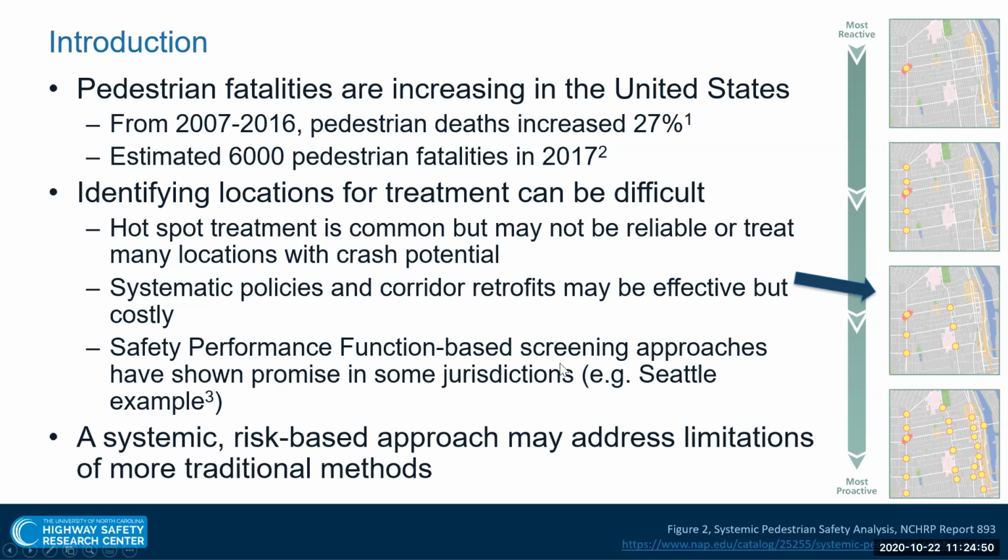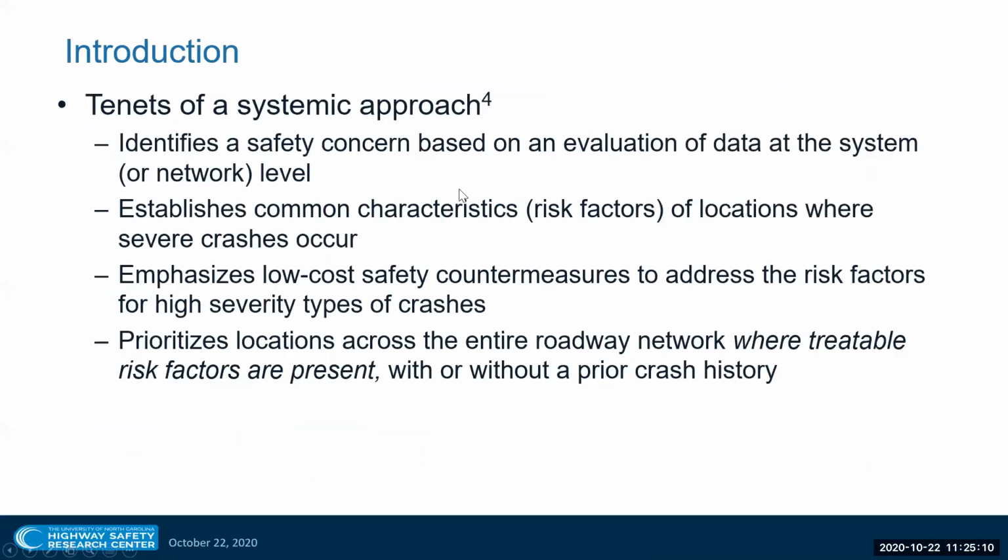So those are the kind of things that might be considered in a sort of policy or systematic approach to treat the whole network. But that's very costly. And so in a systemic approach, we've tried to identify some procedures that can allow a cost-effective prioritization of treatments to be more proactive than we have been in the past.